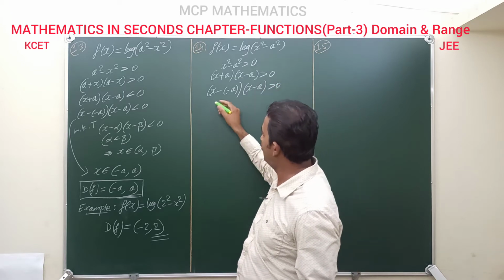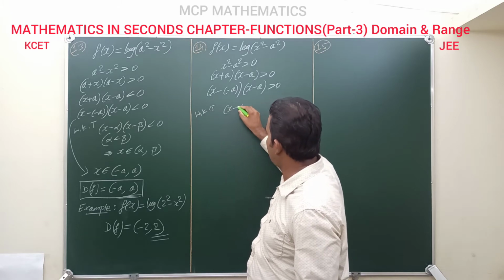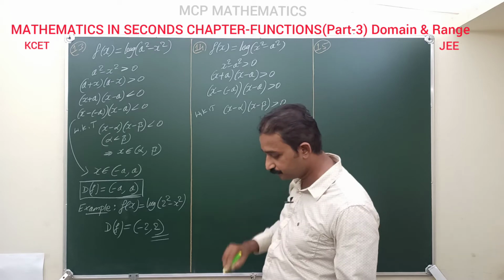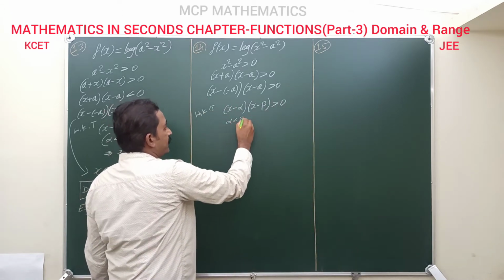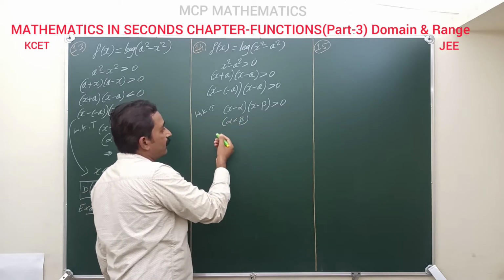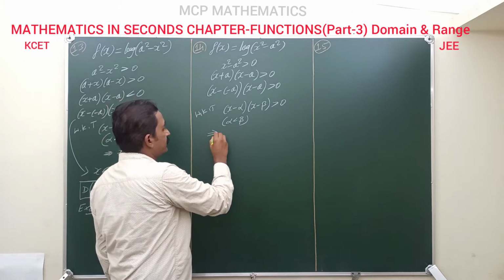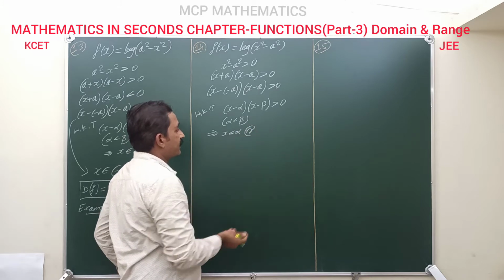So using the linear inequation formula, x minus alpha into x minus beta greater than 0, with the condition alpha less than beta, the solution is x strictly less than alpha or x strictly greater than beta.